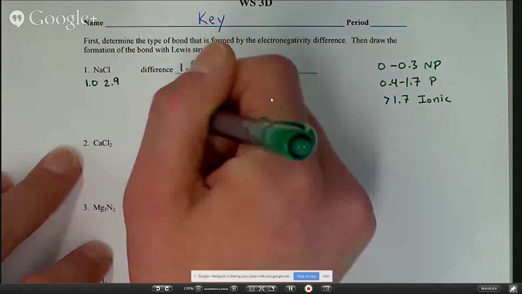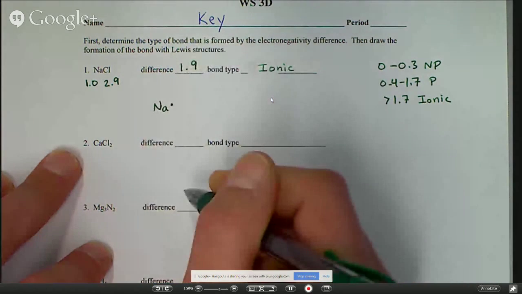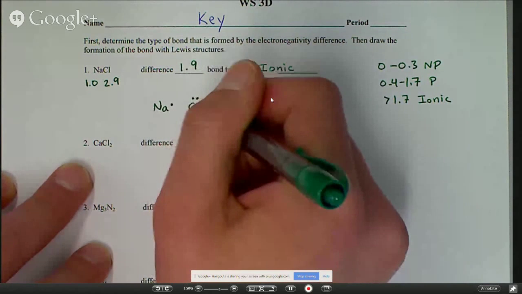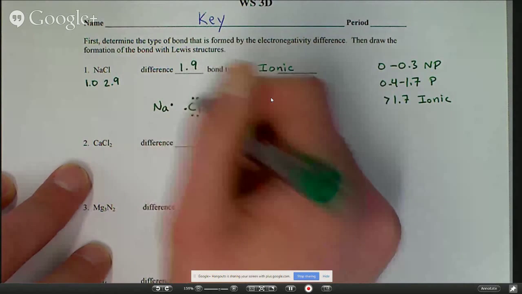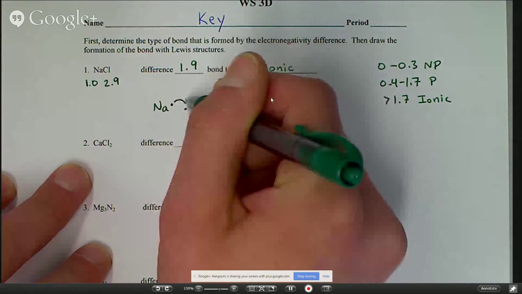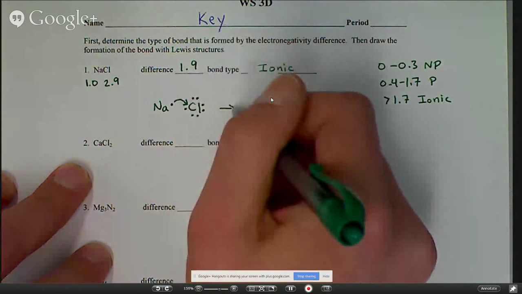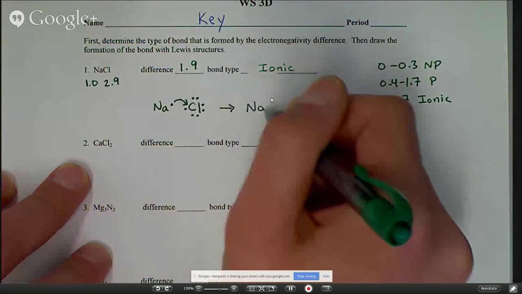So sodium has 1 valence electron, being in group 1, and chlorine, being in group 7, has 7 valence electrons. And what we should ultimately see is sodium transfers or gives its electron to chlorine, resulting in the following ionic bond.